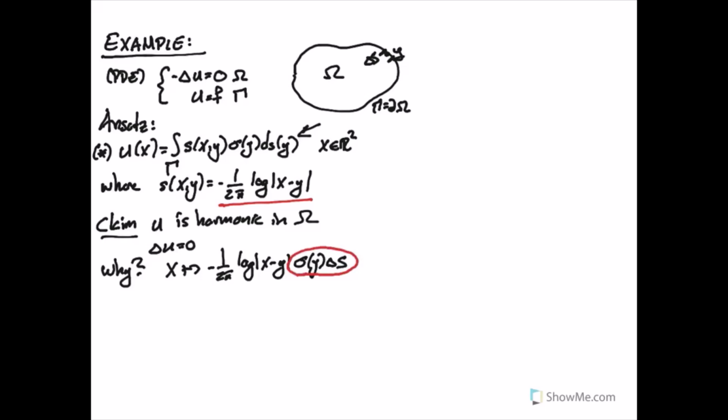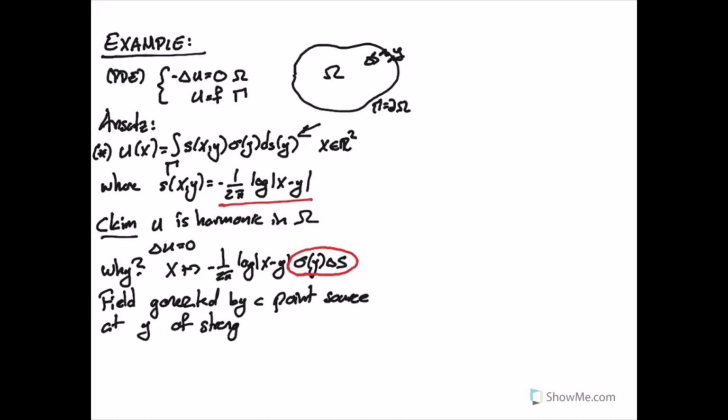So this is the field generated by sigma of y delta s.